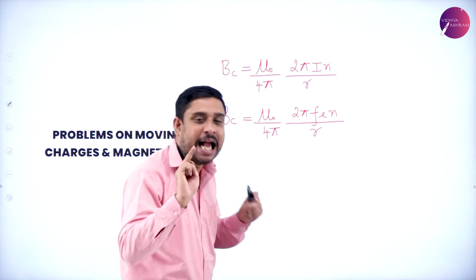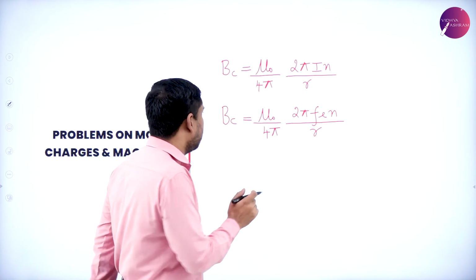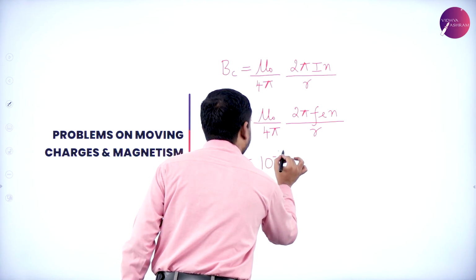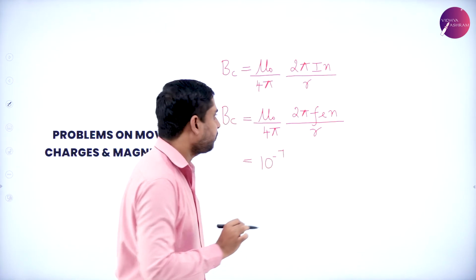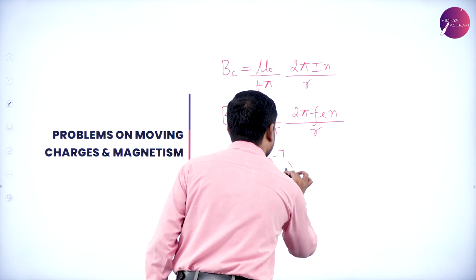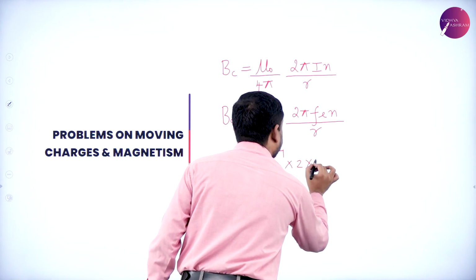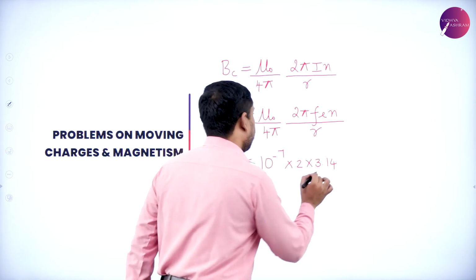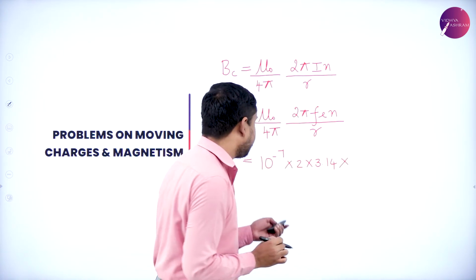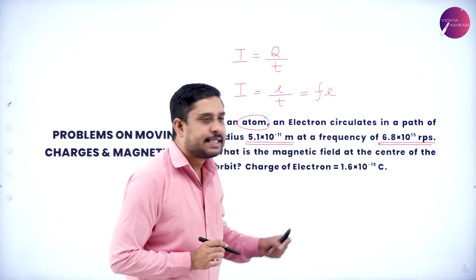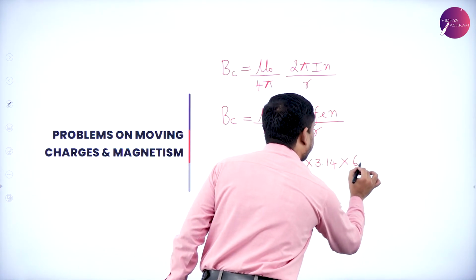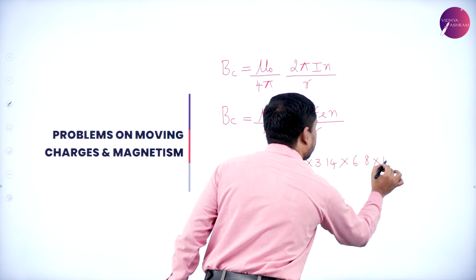It has to be calculated. Again, this is 10 power minus 7 into 2 into 3.14 into frequency 6.8 into 10 power 15.